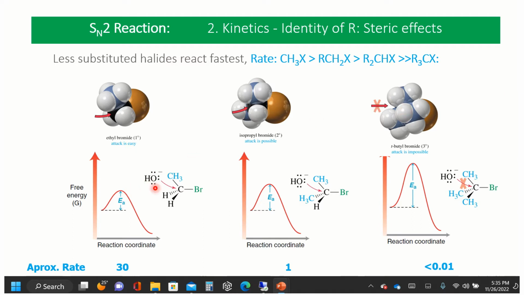And so the activation energy for the tertiary, the more substituted alkyl halide, is very high, and so the rate is minuscule compared to when you have access to the carbon center, and so you can see the difference in rate. So we could ask a question that pertains to this, such as which one is faster, and you would note that methyl halides will be much faster than secondary halides.